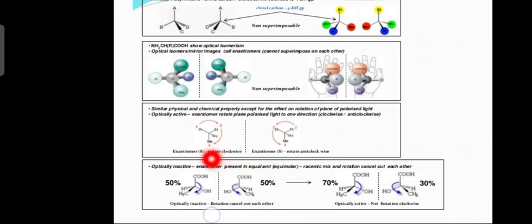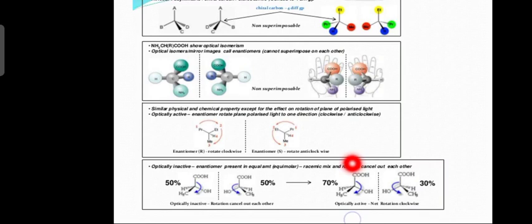In the next example you can see the optical rotation, how much. The first molecule gives 50% right rotation, clockwise, and the second compound 50% to the left. When you have a mixture of these two, right rotation 50% and left rotation 50%, they do not show optical activity. That mixture is called a racemic mixture. So an equimolar mixture of dextro and levorotatory compounds is called what? A racemic mixture.